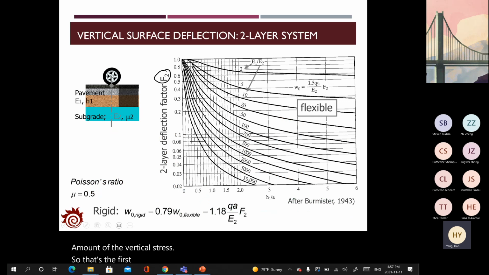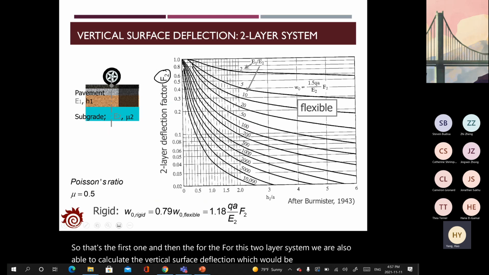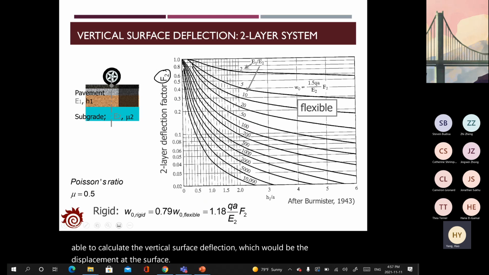And then for this two-layer system, we are also able to calculate the vertical surface deflection, which would be the displacement at the surface of the pavement structure.